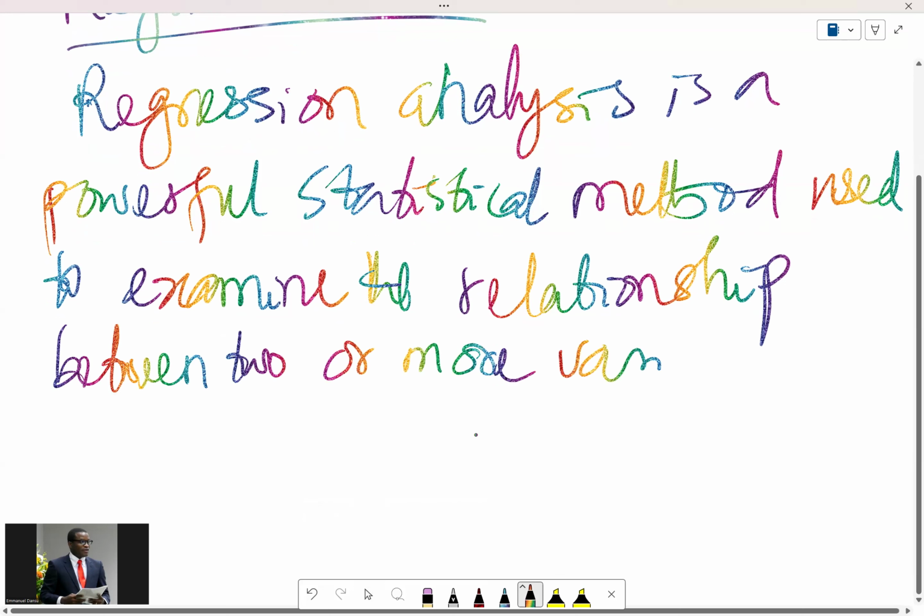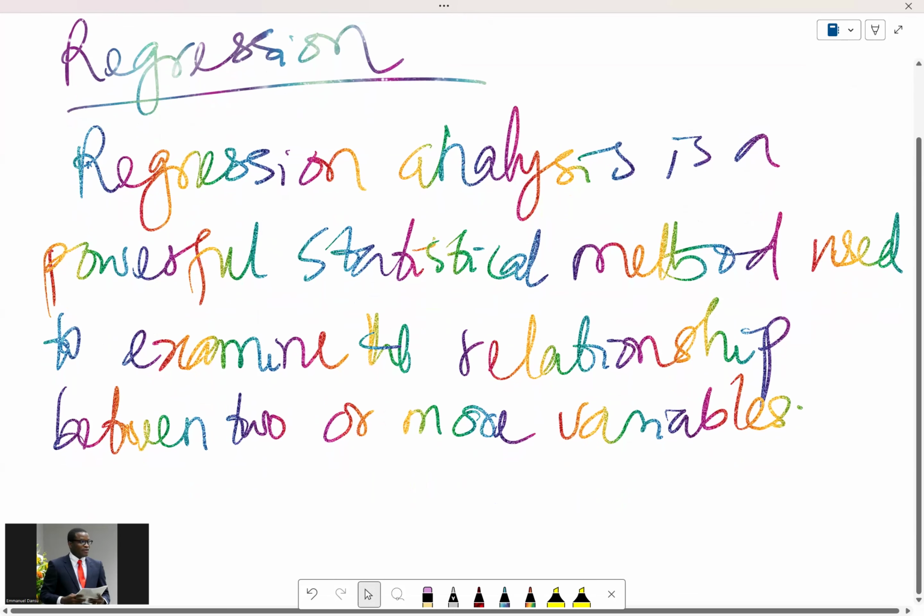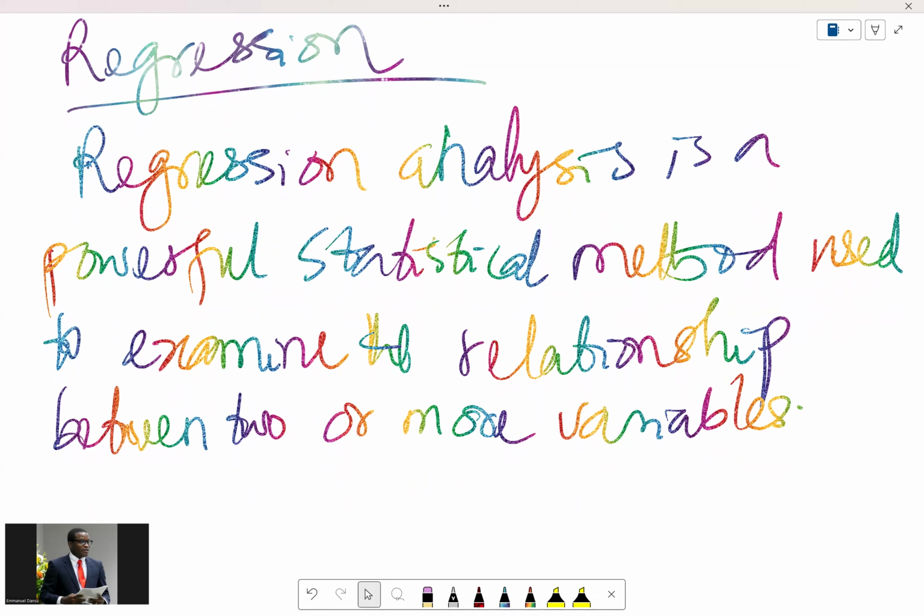So if you want to see what's going on between two or more variables, regression is one way to see that. Since I'm going to be specific with simple linear regression, let's go to that next.